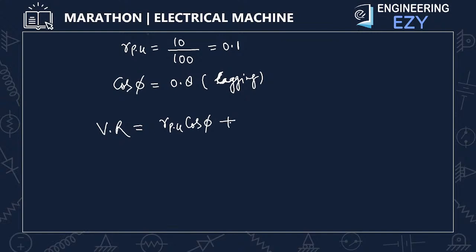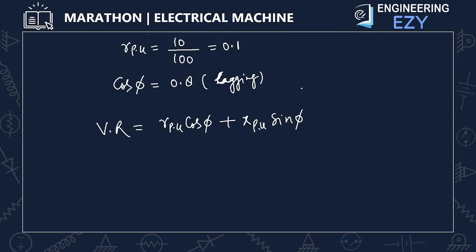If it is a lagging load, it would be plus. If it is a leading load, it is minus. So both signs may be there, but it is a lagging load, so it is plus. And if you want to calculate in percentage, you have to multiply by 100.